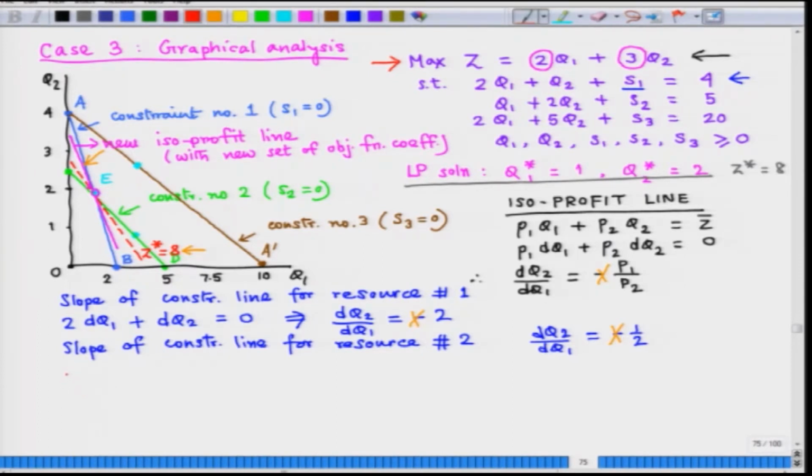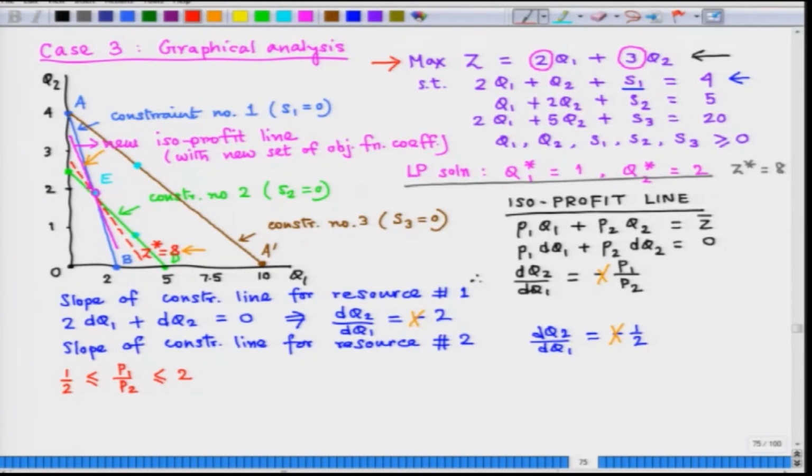They have to satisfy this condition, right. So, what does this mean? It means that the ratio of P1 and P2 can lie between half and 2, such that any small change in P1 and P2 which lies within the range will have no impact on the optimal LP solution. It will not change the value of Q1 star and Q2 star and finally Z star.